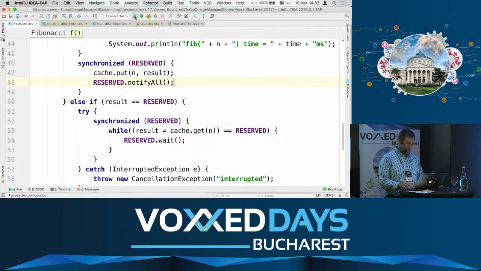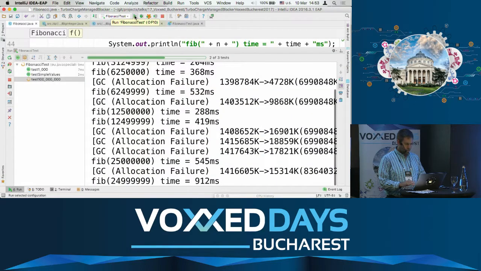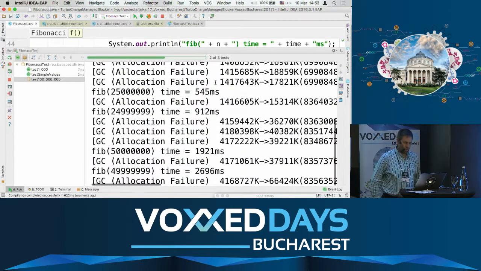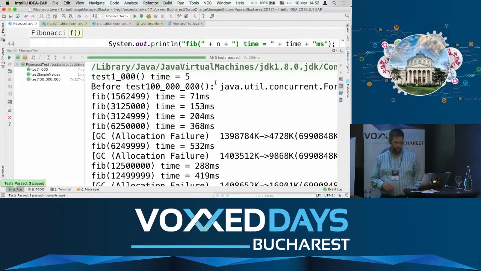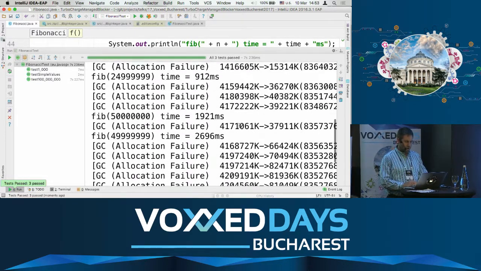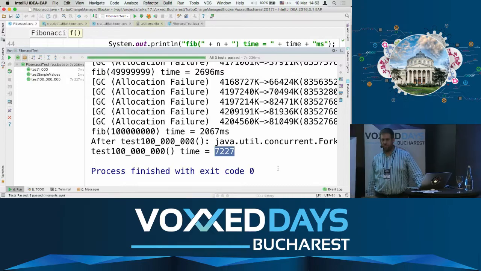Now, let's run it, and we'll see that hopefully we're only going to work out each number one time. And you can see here that the calculations are only happening once. And look at the speed. Down to 7.2 seconds. Now that's actually quite amazing.